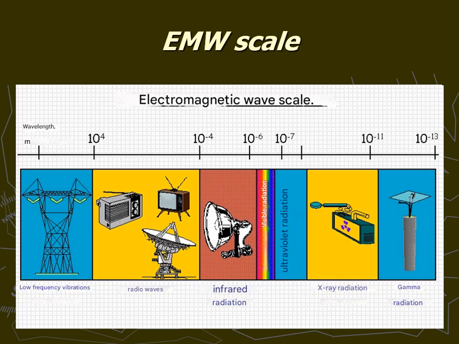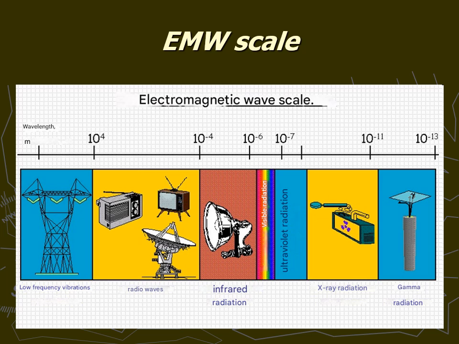The next question is the scale of electromagnetic waves. We have already looked at it at the beginning of the lectures. It is possible to divide it depending on the method of obtaining. And here we have what types are shown: low-frequency vibrations, radio waves. We also have optical radiation.